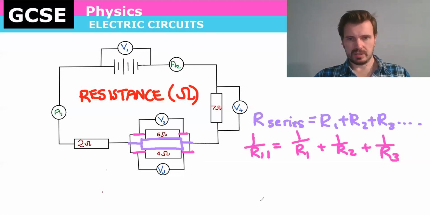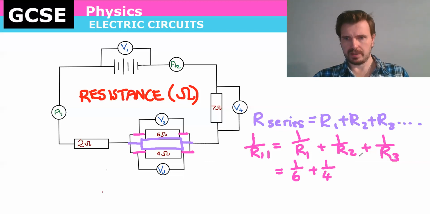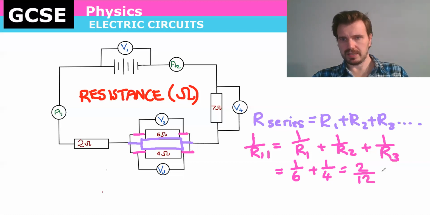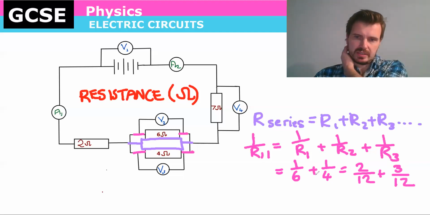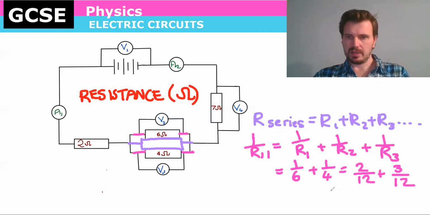So let's do the R parallel quickly. Using the equation, 1 over R parallel, we get 1 over 6 plus 1 over 4, which I then convert to 2 over 12 plus 3 over 12. I could also, if I've got one of those calculators with a fraction button, just put in the 1 over 6 plus the 1 over 4. But let's do old school.